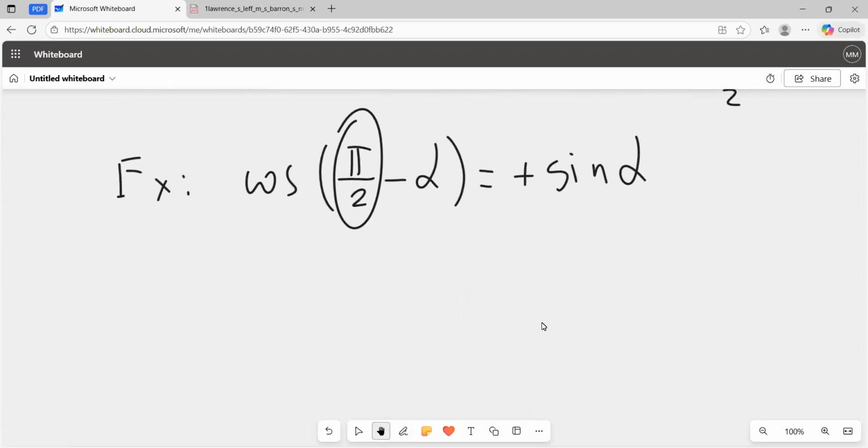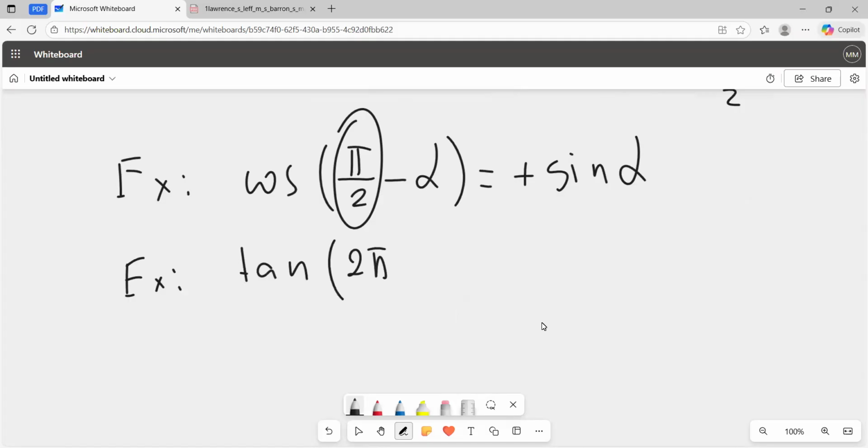Or, for example, consider that we must evaluate tangent of 2 pi minus alpha. 2 pi minus something means that we are in the fourth quadrant. In the fourth quadrant, the sign of tangent is negative, and since it's 2 pi minus something, the name doesn't change.